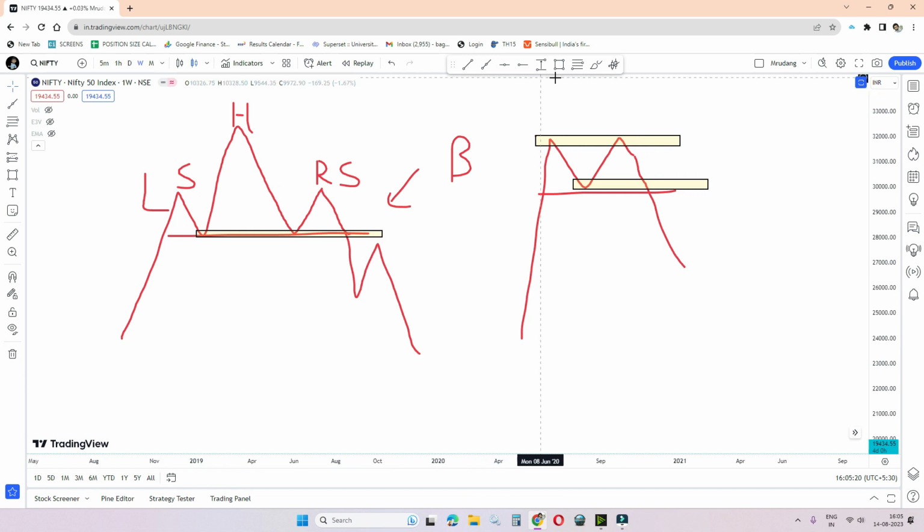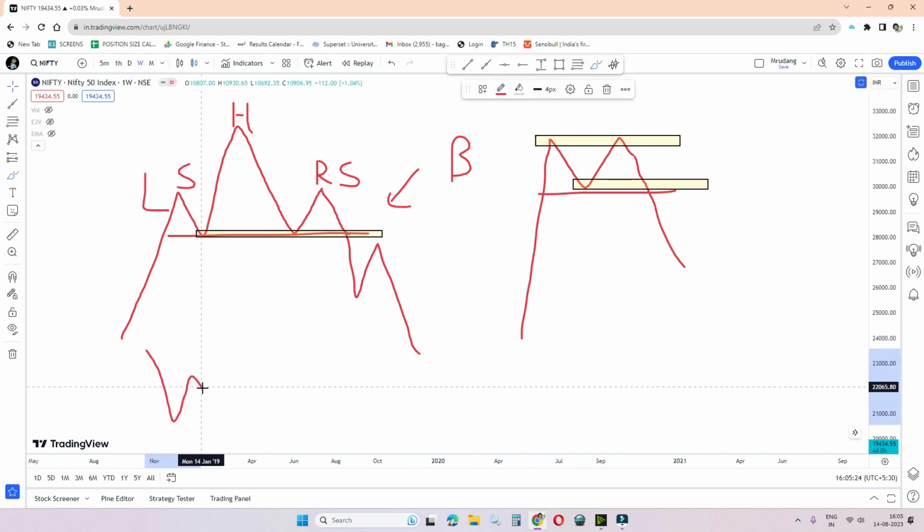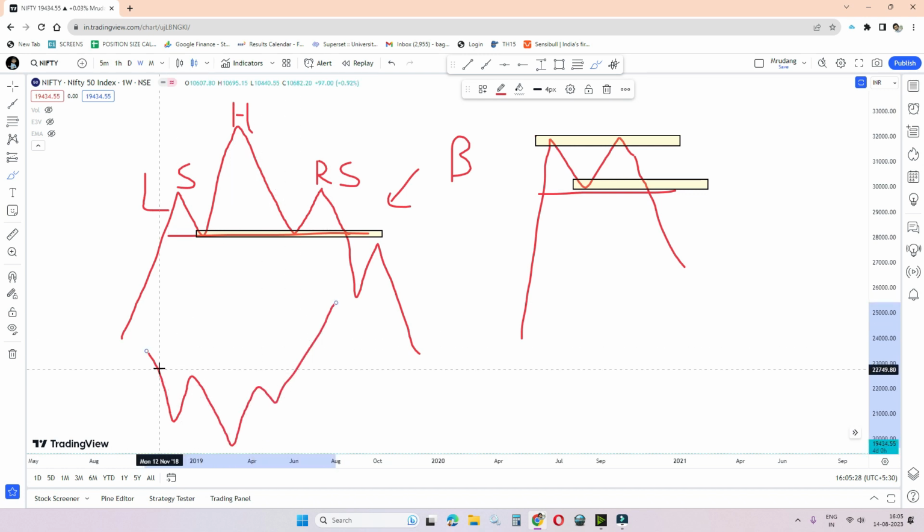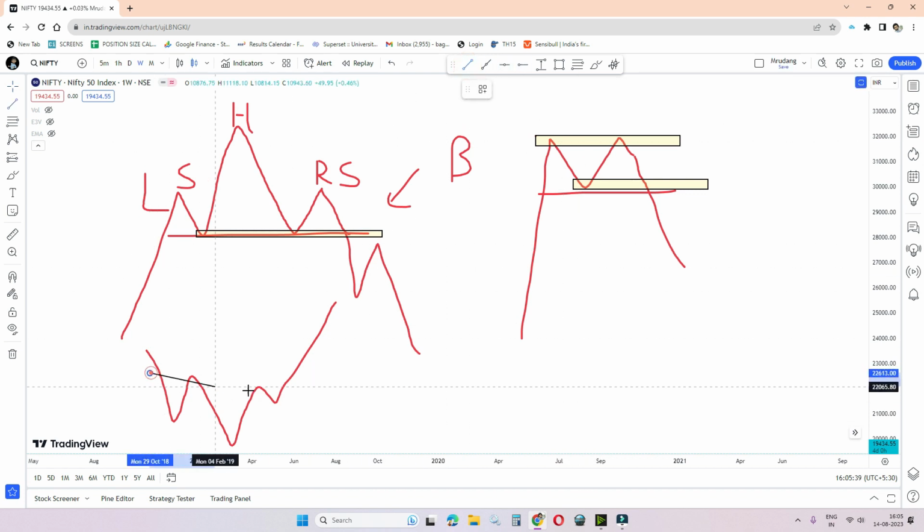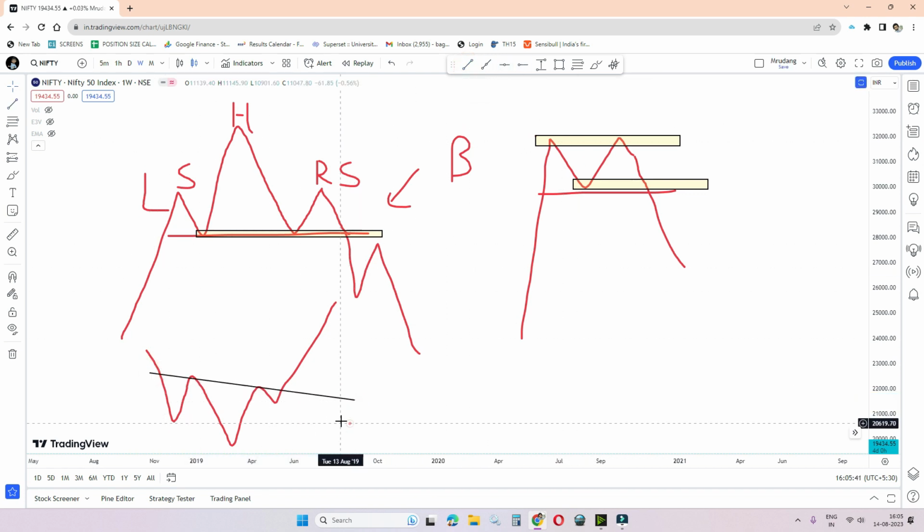If we try to invert it, it looks something like this. So the head and shoulder can form something like this. This is also a trend line that can become a support region.